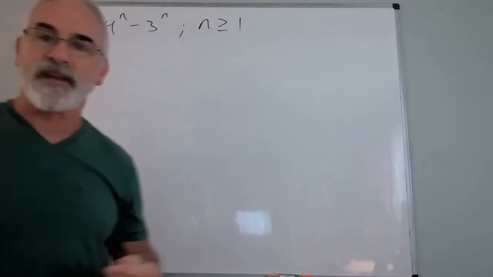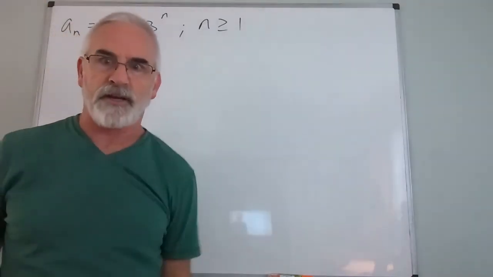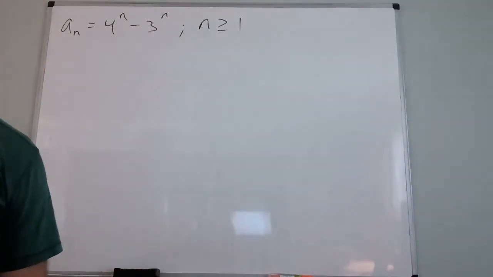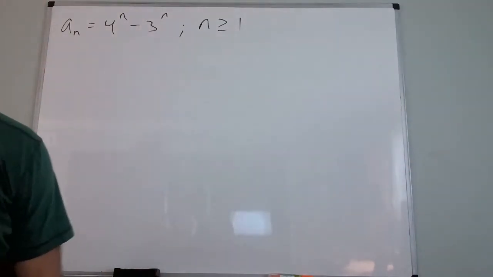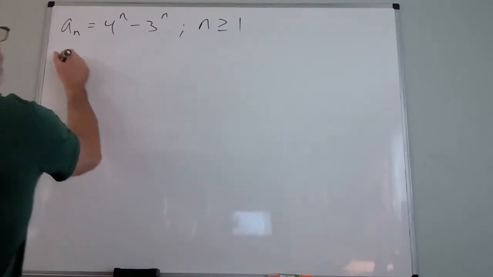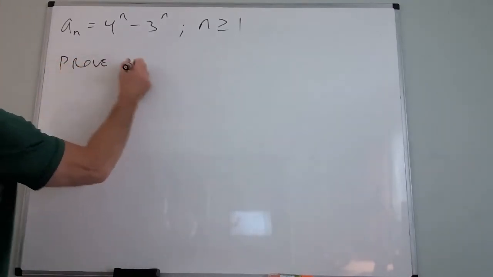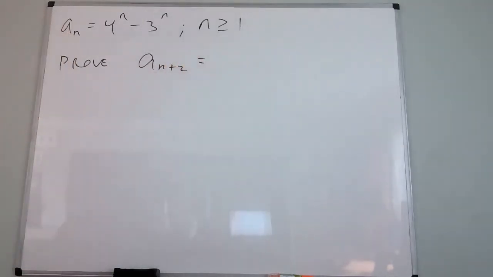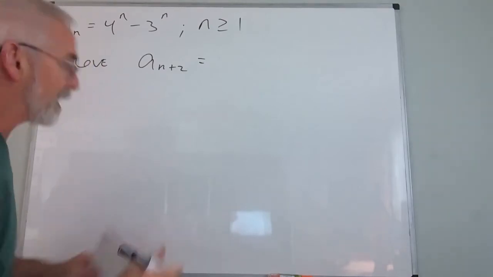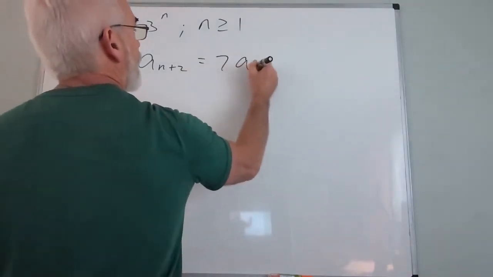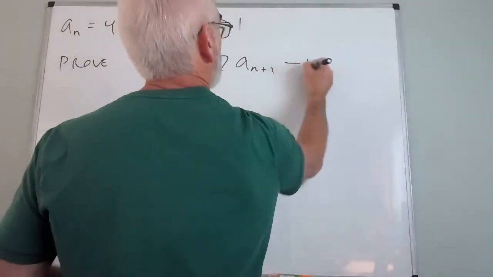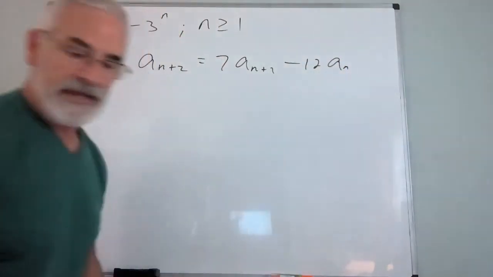So if I ask you what's a_1, a_2, a_3, a_4, you can easily tell me. You can tell me anything by just throwing it in. But what I want to do is show, I want to prove that a_{n+2} is equal to 7a_{n+1} minus 12a_n.